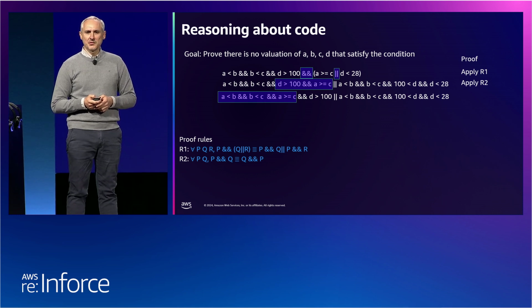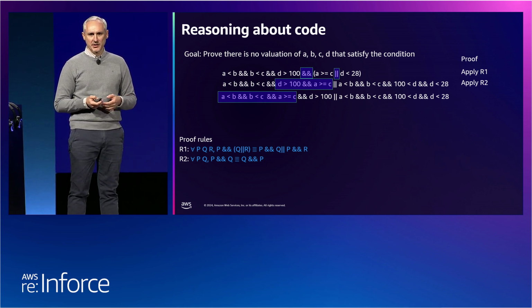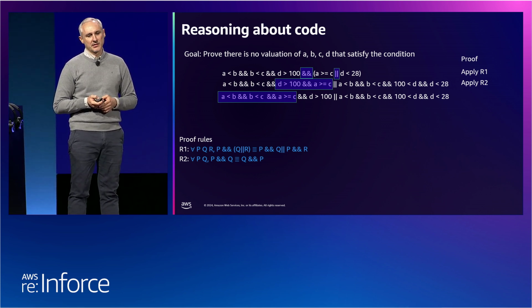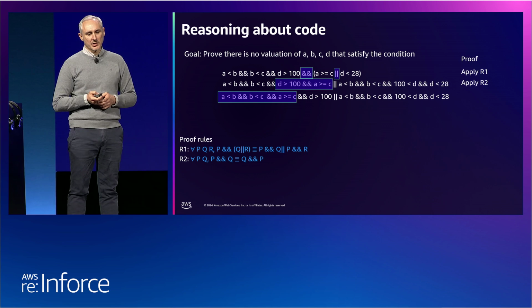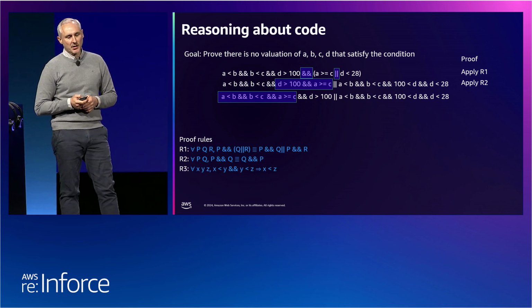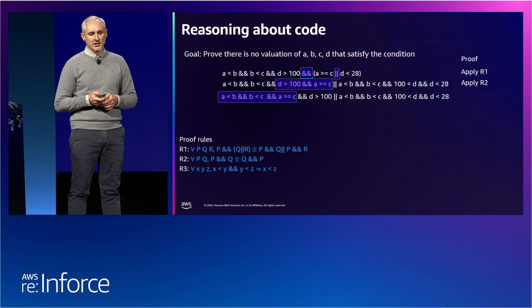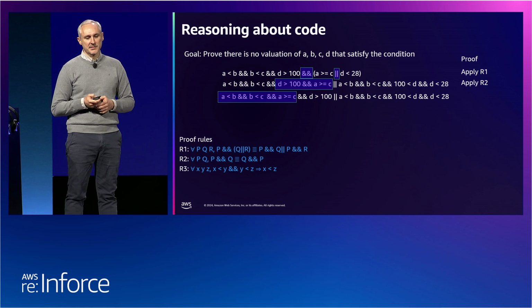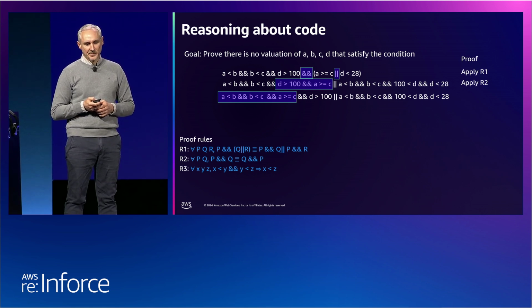So now I'm going to look into the arithmetic part of the formula. I have here A less than B, and B less than C, and A greater than or equal to C. I know just from basic integer reasoning that whenever I have x less than y and y less than z, then x is necessarily less than z.